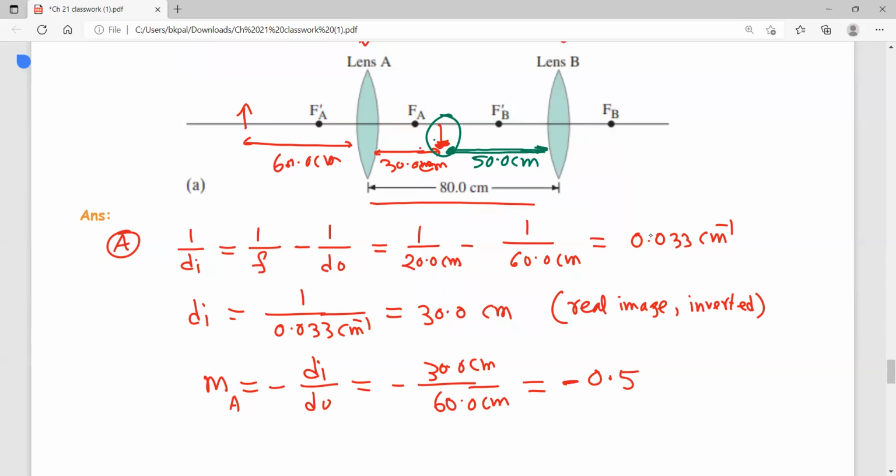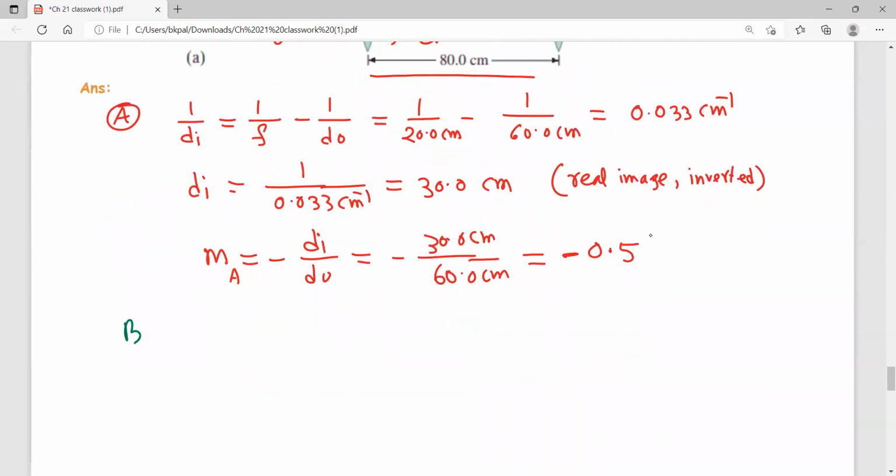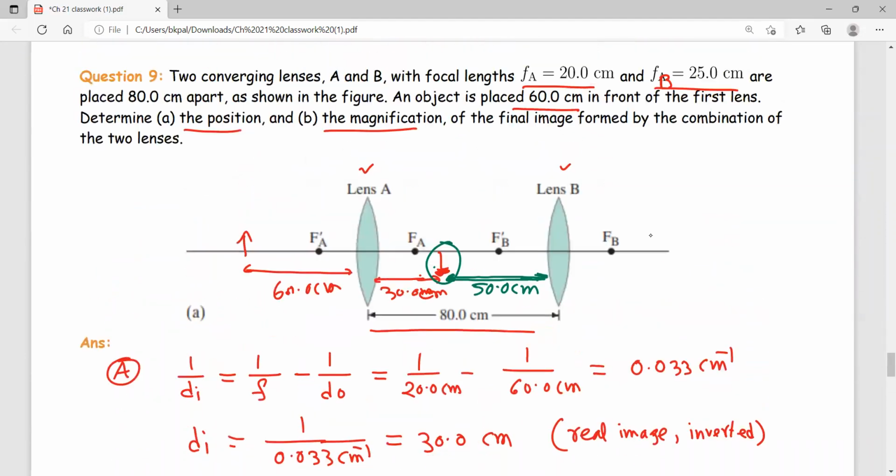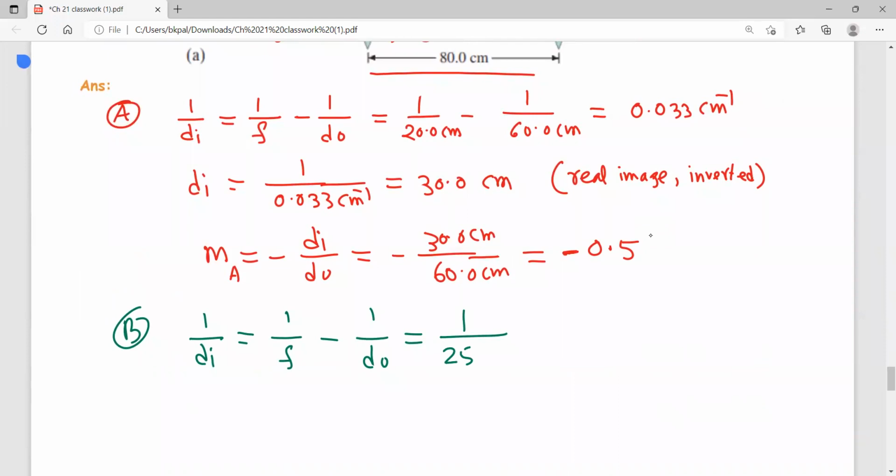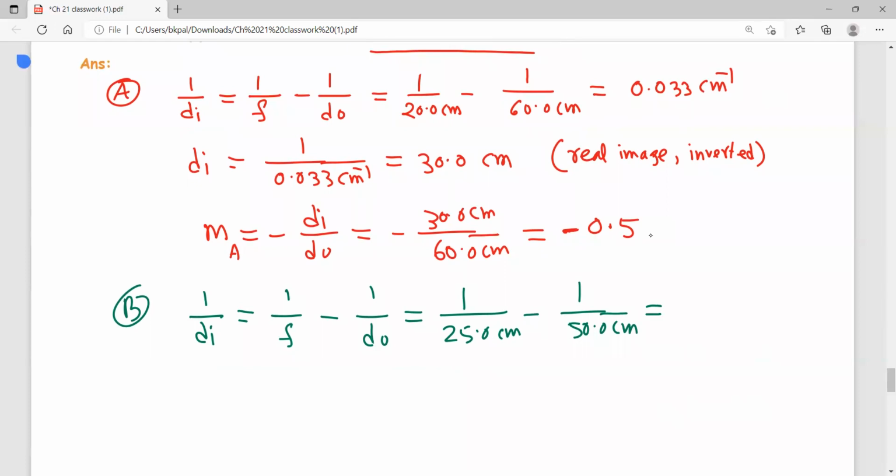Now we have to calculate the image distance from the second lens. For lens B, same equation: 1 over di equals 1 over f minus 1 over do. The focal length for the second lens is 25 centimeter, and the object is 50 centimeter from the second lens. If you do this math, you should get 0.020 centimeter inverse.